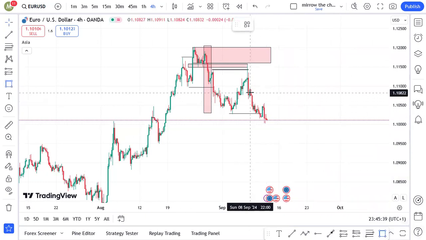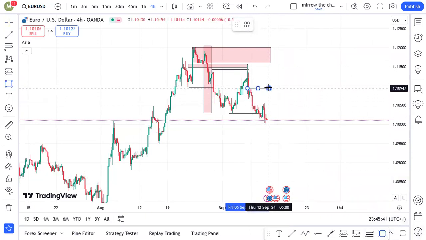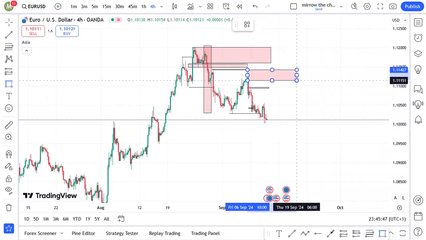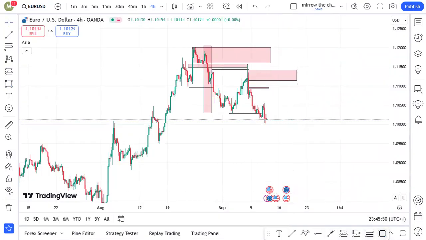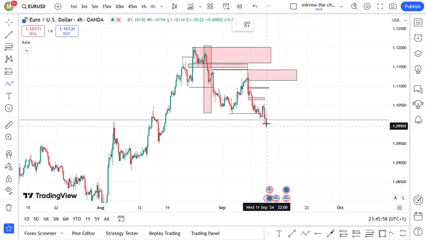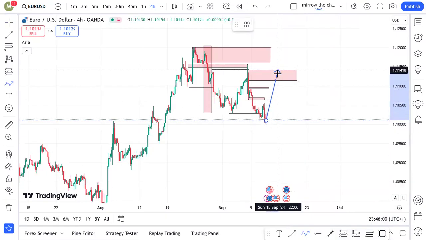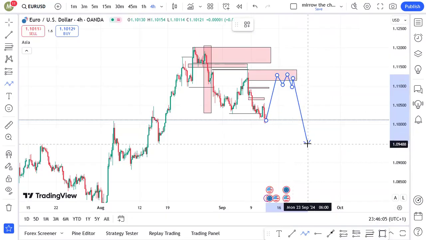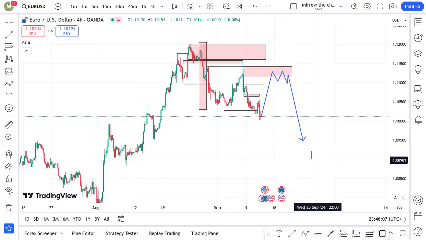So if price comes here now, this is a liquidity, this is our POI, and we also have a fair value gap here. So we expect price to do what? Come back here and give us our sell, for us to sell down.